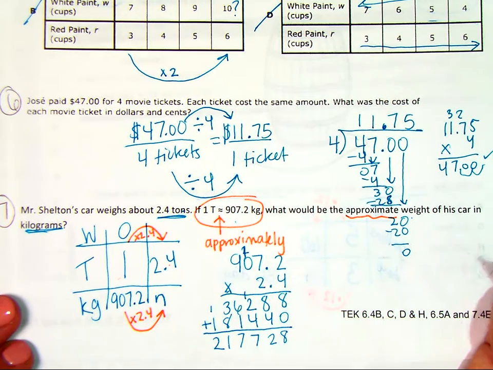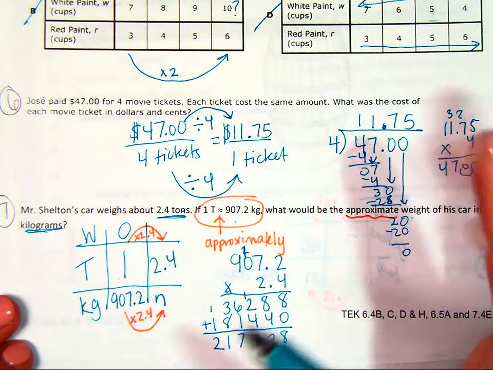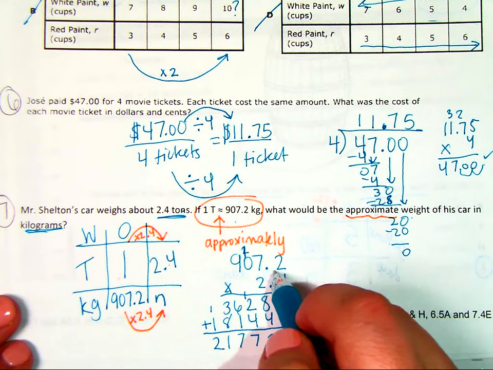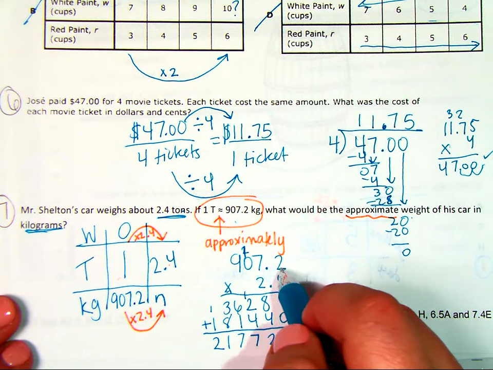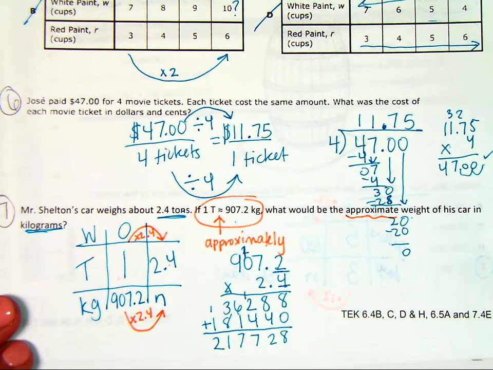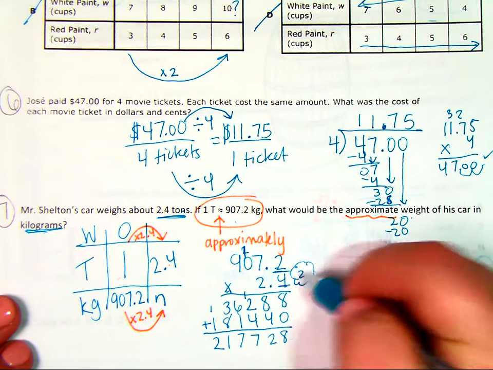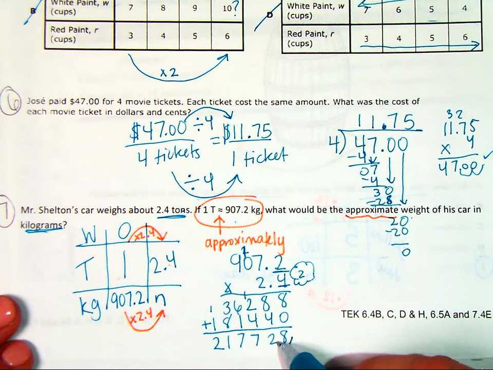And now the only thing that's a little more difficult, and not even hard, but just something you have to remember about multiplying decimals. Once I've done that, I need to figure out how many numbers total I had behind a decimal point when I was multiplying. There's 2 numbers total, so I start at the right and move my decimal point to the left 2 times.